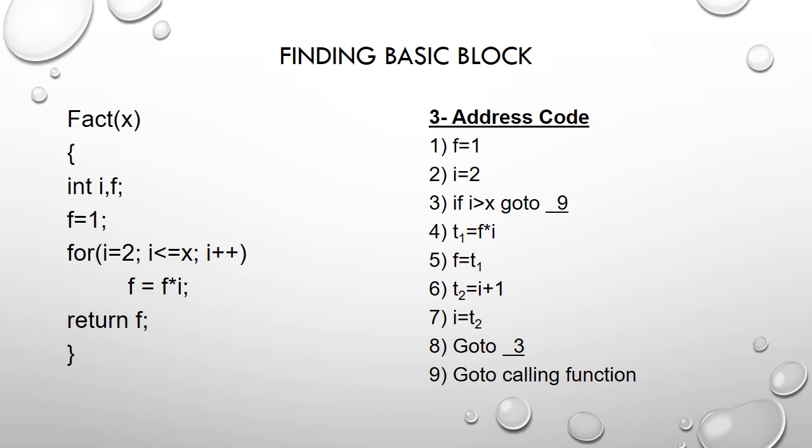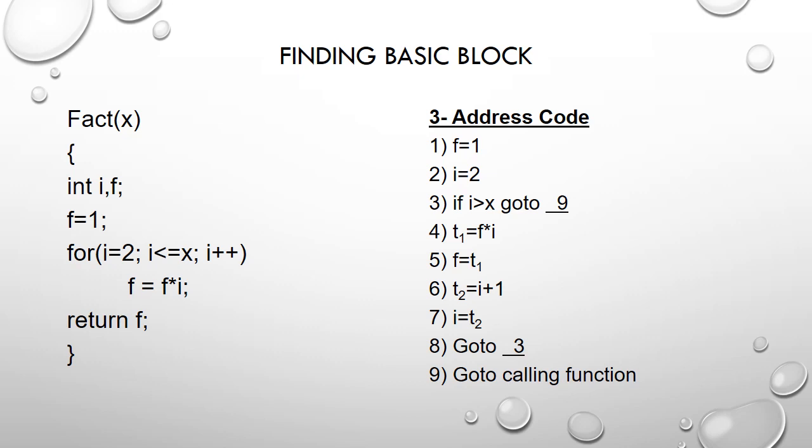After this, since this is a for loop, comes the increment part, i plus plus. For this again we need to write two statements. First, i plus 1 is performed and stored in a temporary variable t2, and then the incremented value in t2 is stored in i again. So for i plus plus we have lines 6 and 7.